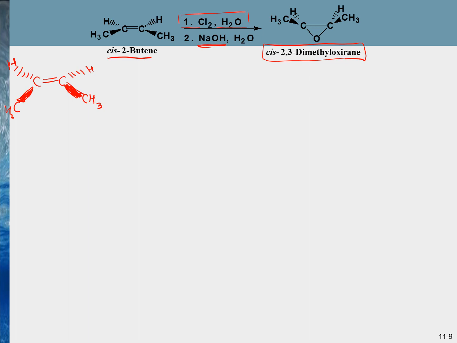So therefore, the first step, which is the addition of halogen and hydroxide, will result in two different kind of molecules, and those will be pair of enantiomers.